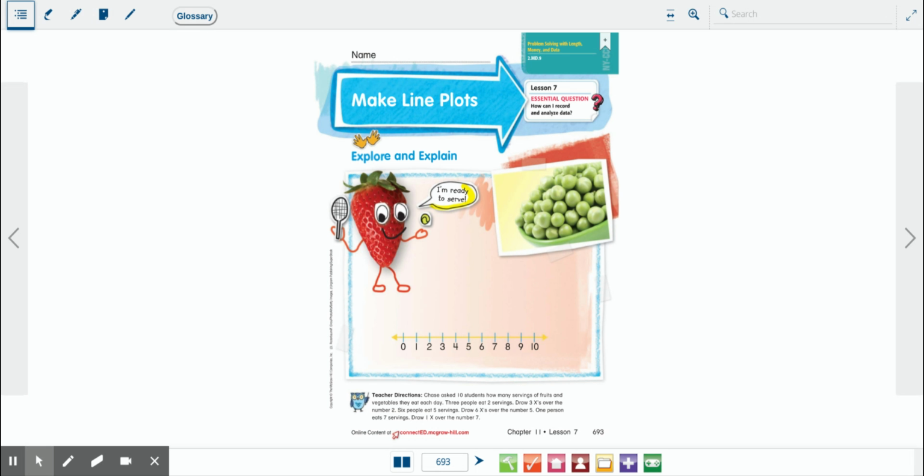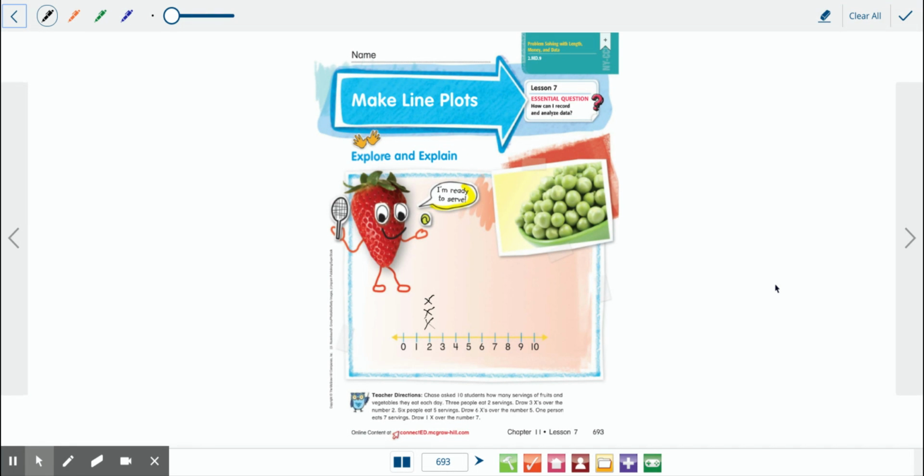And we are going to put 3 X's above the number 2 because 3 people say they eat 2 servings a day. 1 X, and then I go on top and make another X. 3 X's for 3 votes, or 3 answers of 2 servings of vegetables a day.